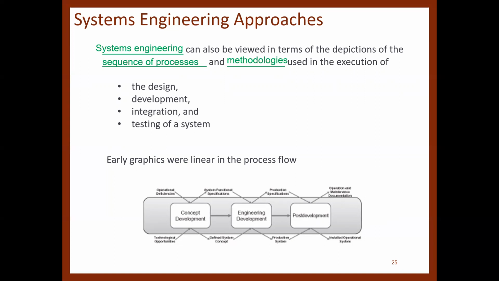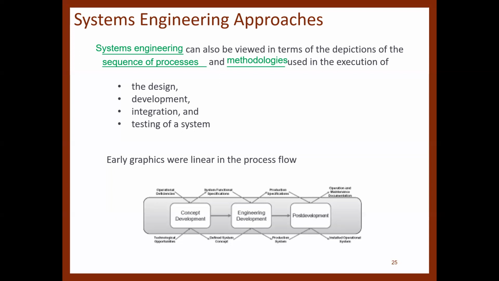You start with, let's say, the concept development, you complete that process, and then you move to the next step, engineering development. So you do all the tasks that are involved in the engineering development. After you complete that, then you move to the next stage. That's what we call linear in the process flow.